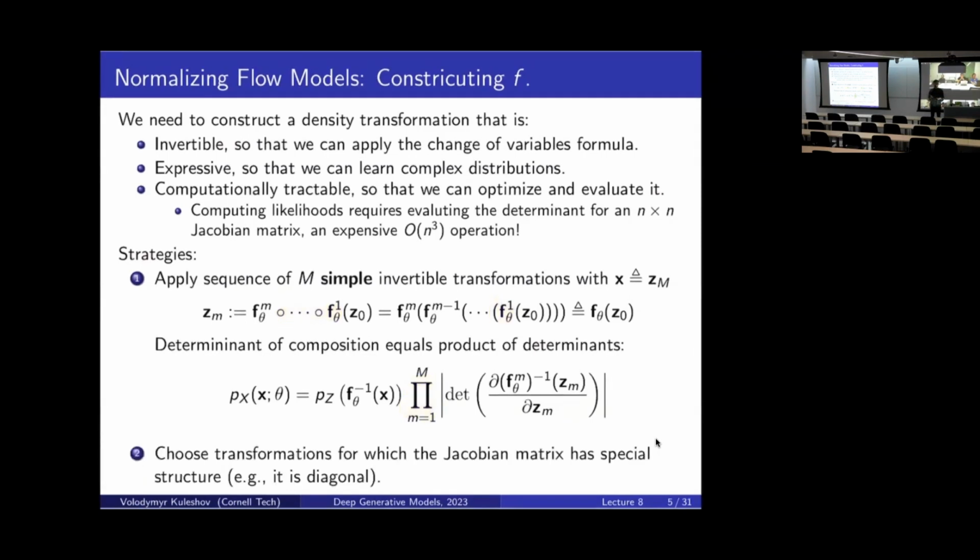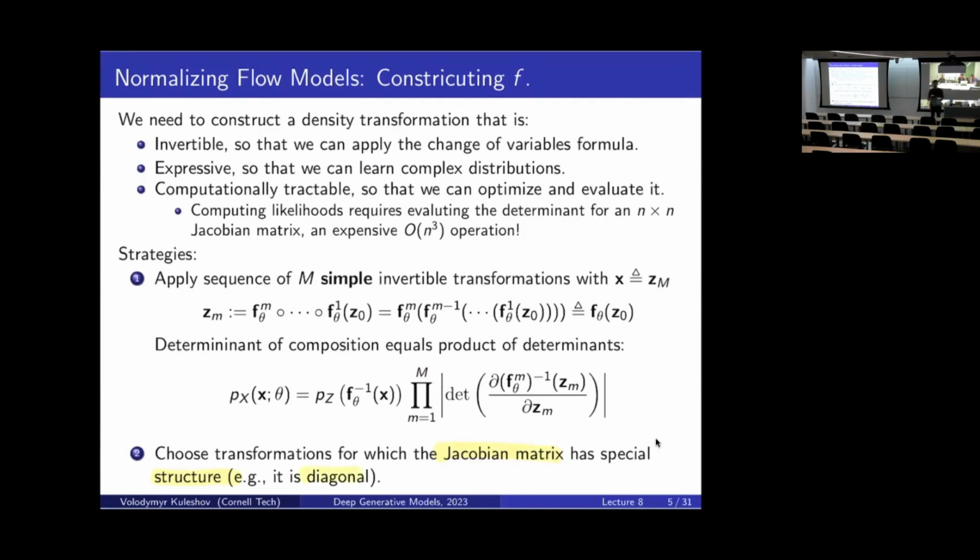So that was our first strategy. But I would say there's also potentially another strategy that could be followed. And here the idea is to directly work with the Jacobian matrix. So we can start by thinking about what would be a good Jacobian matrix, what kind of structure would make it tractable. For example, if it was diagonal, it would be clearly tractable.